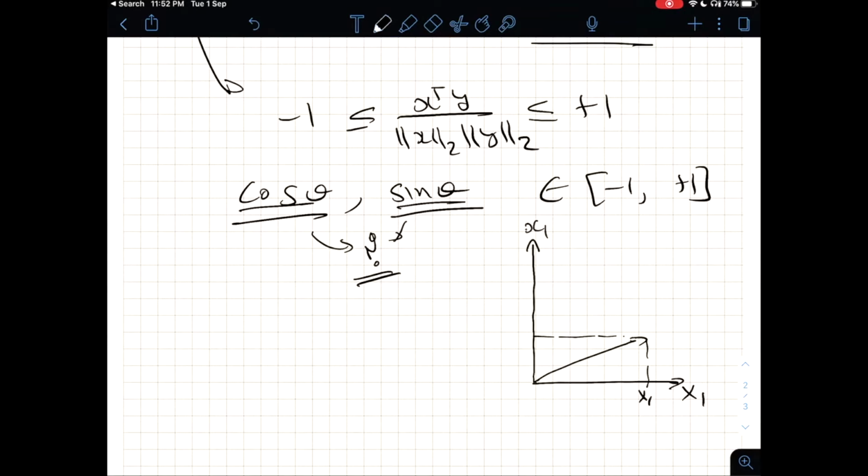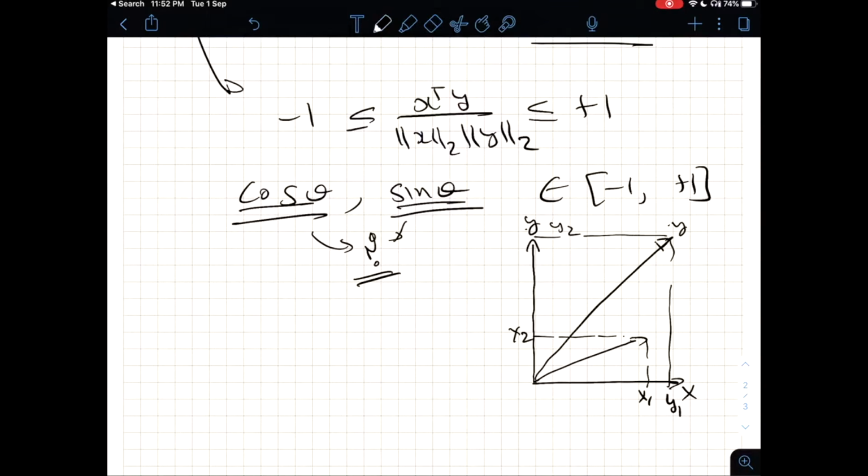Let me go back to this. I am going to call this vector x, with coordinates x1, x2, and another vector y here, and its coordinates I'm going to call y1 and y2.